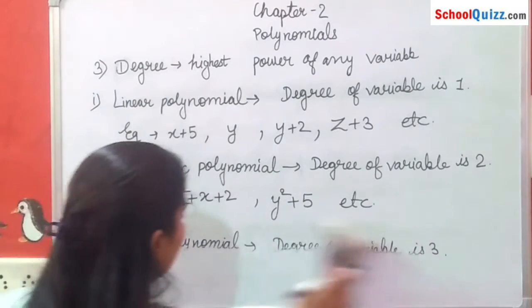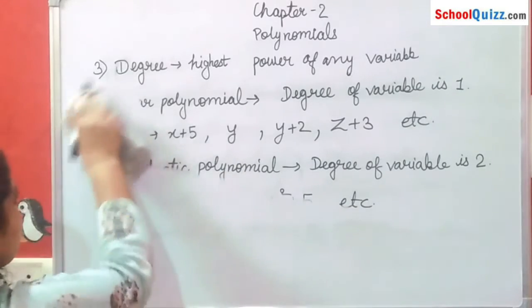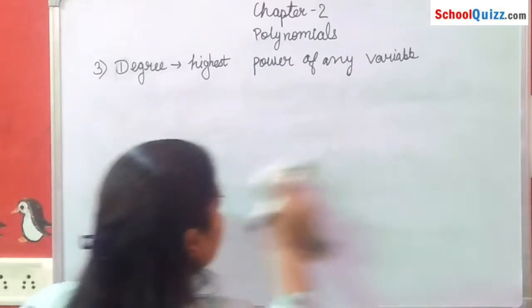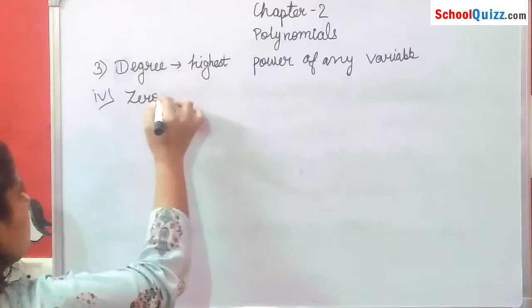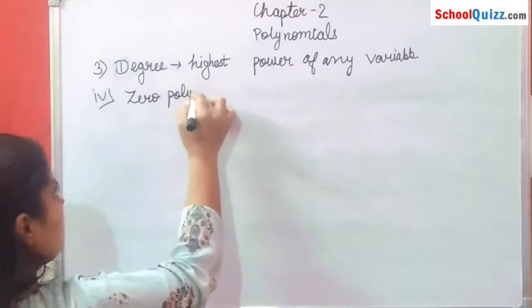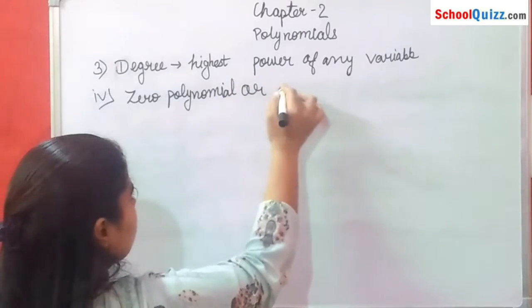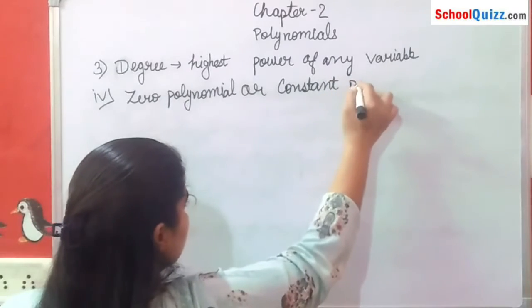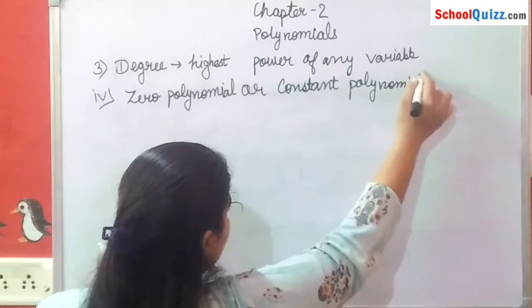And one more type is also there. That is zero polynomial or constant polynomial.